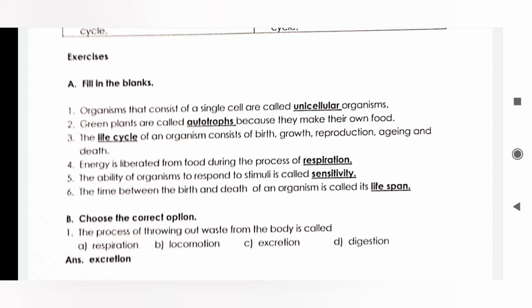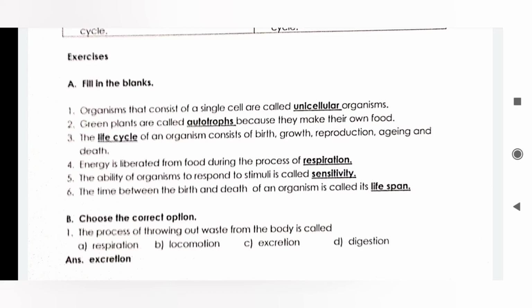Fourth one, energy is liberated from food during the process of dash. In the differences we have already studied, living beings respire. So not only we breathe in and breathe out air, during this process energy is liberated from food. The next question, fifth one, the ability of organisms to respond to stimuli is called dash.